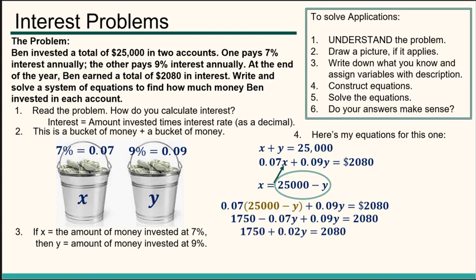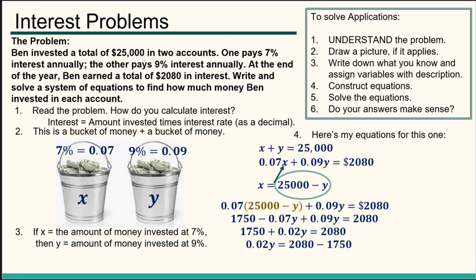I'm going to combine those two like terms, the minus 0.07y and the plus 0.09y. I'll get 0.02y. Then I'll subtract 1,750 from both sides. Crunch those numbers: 2,080 minus 1,750. When I do that subtraction, I get 330.